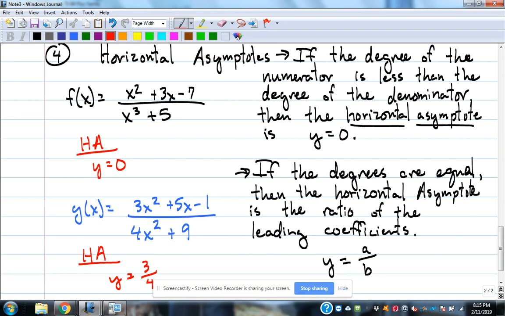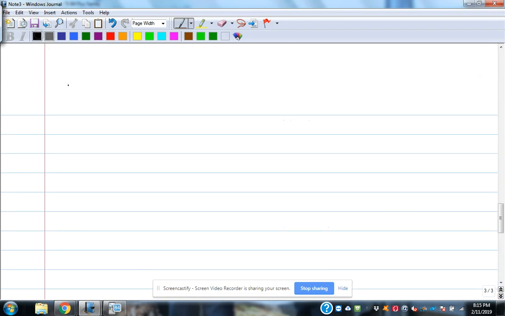Okay. Horizontal asymptotes don't always exist. There's another kind of asymptote that can happen. The other kind of asymptote is an oblique asymptote. Part 5 is the oblique asymptote.